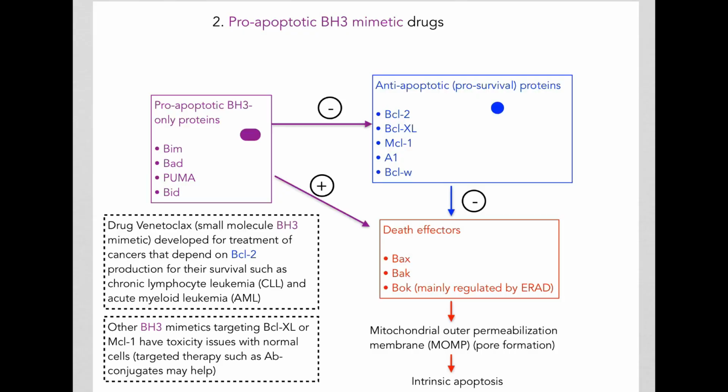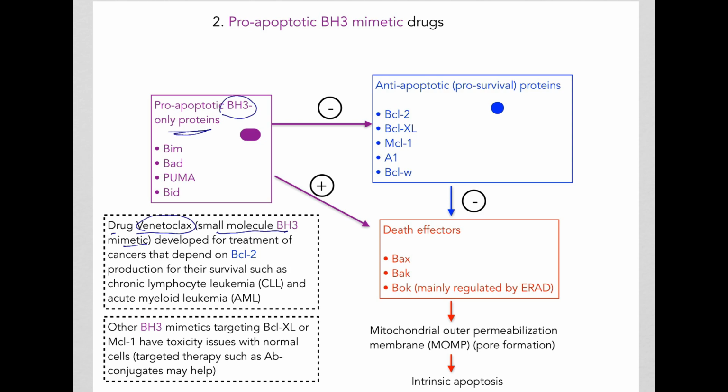Now, on the other hand, the BH3-only proteins promote apoptosis. So there are drugs such as venetoclax, a small molecule BH3 mimetic.